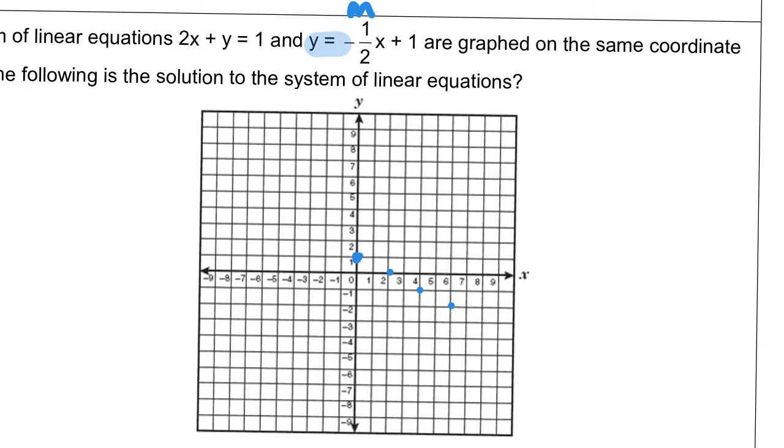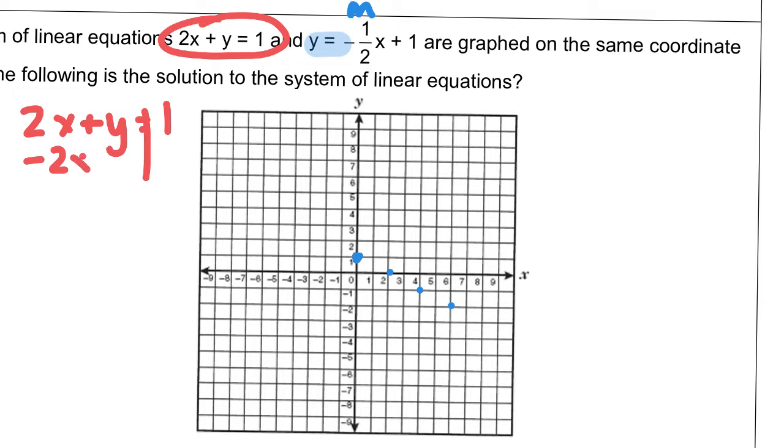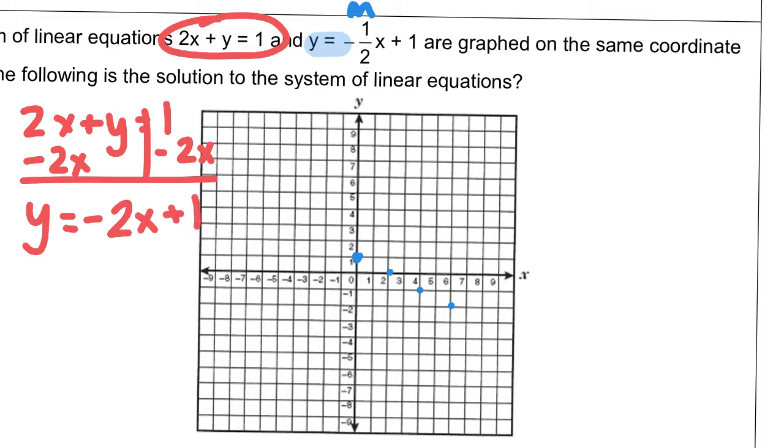To graph the other line, it's not in slope-intercept form. So to put it in slope-intercept form, y equals mx plus b, we will isolate the y by doing the opposite. I'm going to rearrange this so the -2 is first. So we have a slope of -2 and a y-intercept of 1.